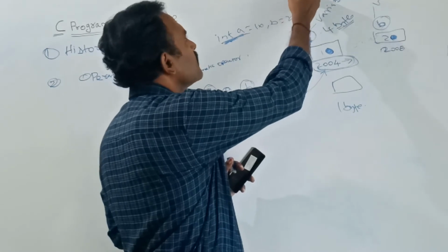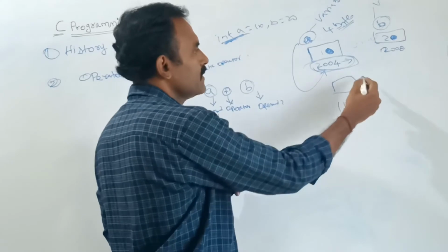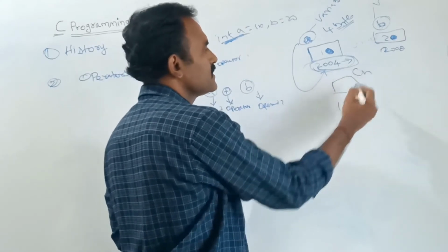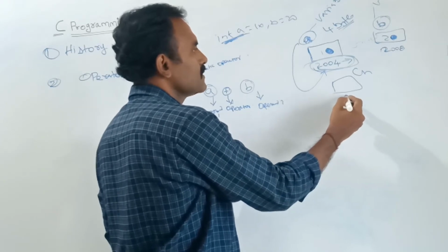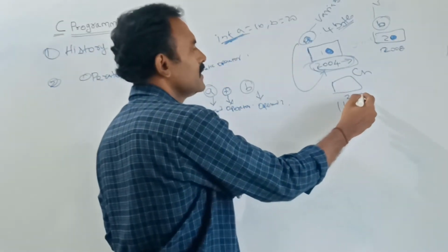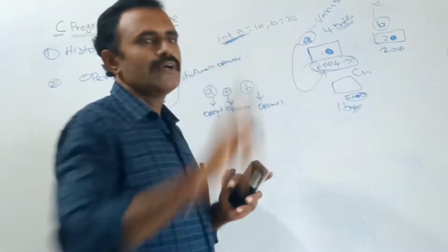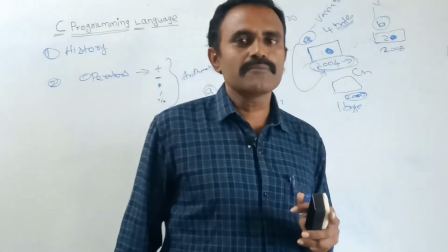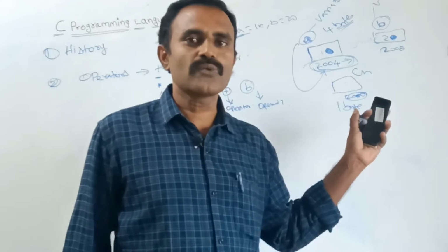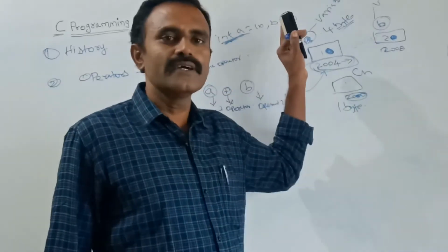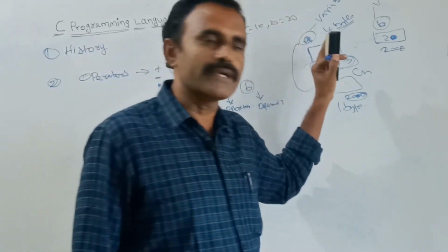Suppose I declare character CH, here CH is the variable name. It will be allocated in some memory space, suppose 2000. In address 2000 we can store 1 letter. If we need to store multiple letters, we should use a string. If we use a string, more than 1 letter can be stored. In this way the variables are used in the C programming language.